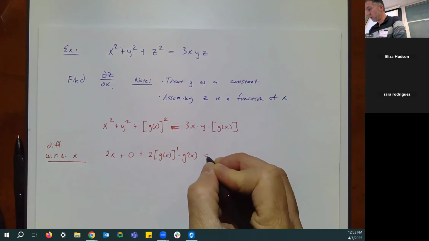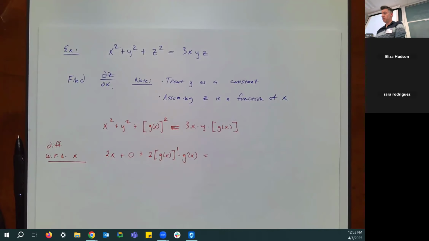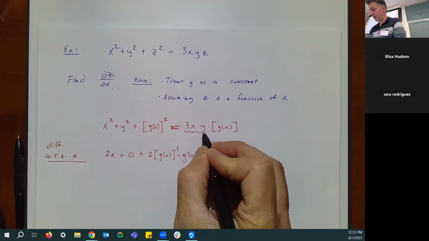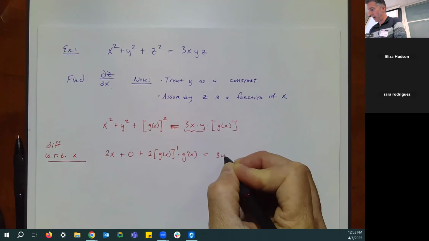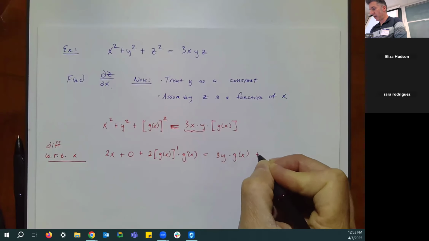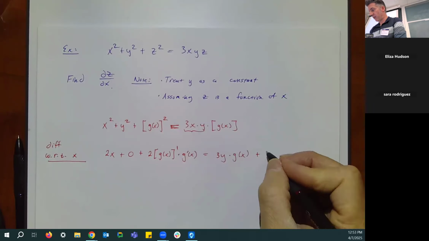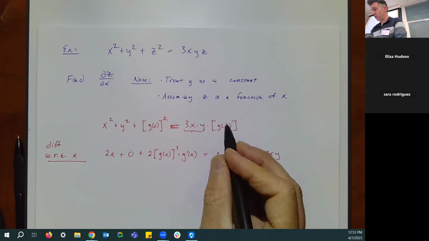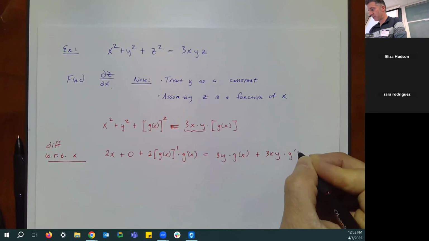Equal to, I have to use the product rule here. The derivative of 3xy is going to be 3y times the other piece left alone, plus, now we leave the 3xy alone, and the derivative of g of x is g prime of x.